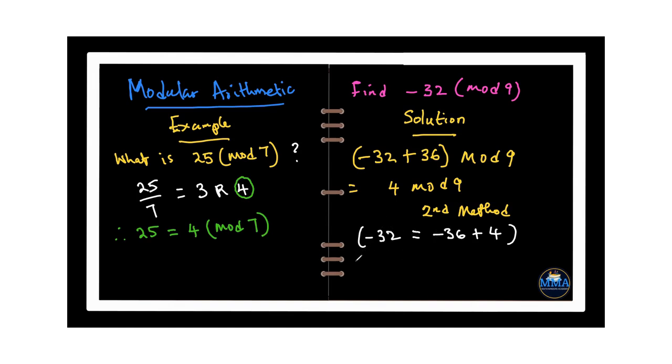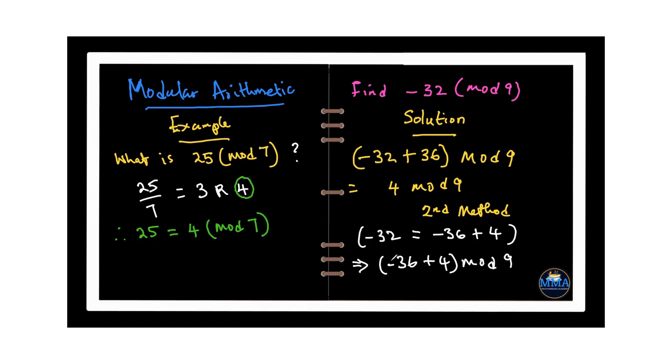So it now means that minus 36 plus 4 in mod 9 is the same thing as minus 32 in mod 9.